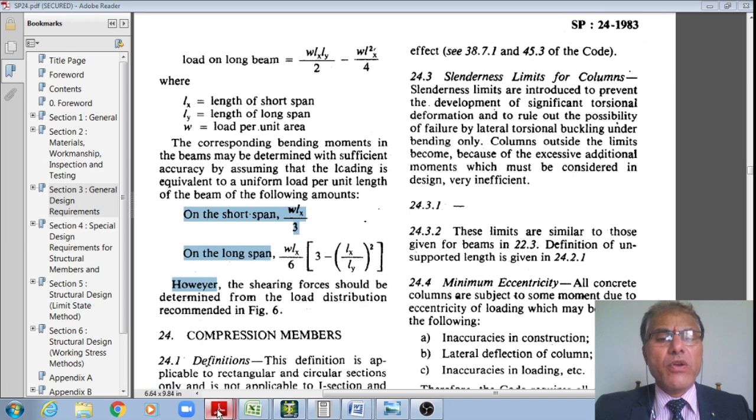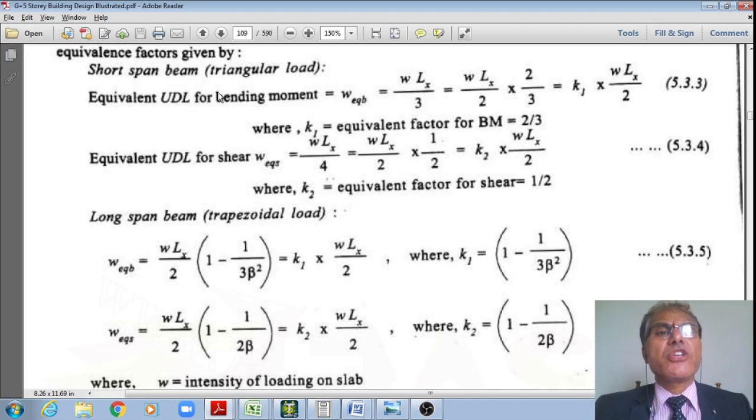Or alternatively, I can write the same like this. Therefore, on the short span, the triangular load is equal to the equivalent UDL for bending moment, W_EB, which is equal to K1 multiplied by W Lx by 2, where K1 is equal to 2 by 3. Therefore, it is equal to W Lx by 3 finally.